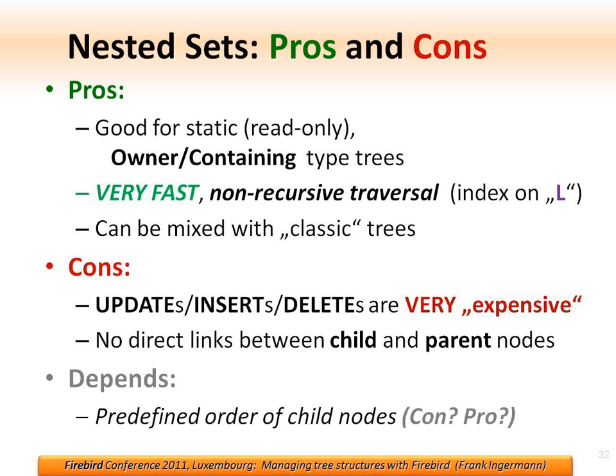And I'm not really sure if this is a pro or a con, but you have a predefined order of children. The children are numbered from left to right. So you can't define which nodes have the same value just by judging the right values.